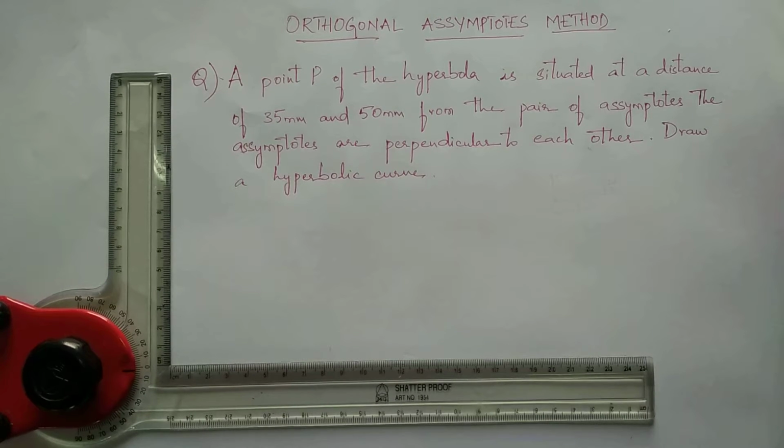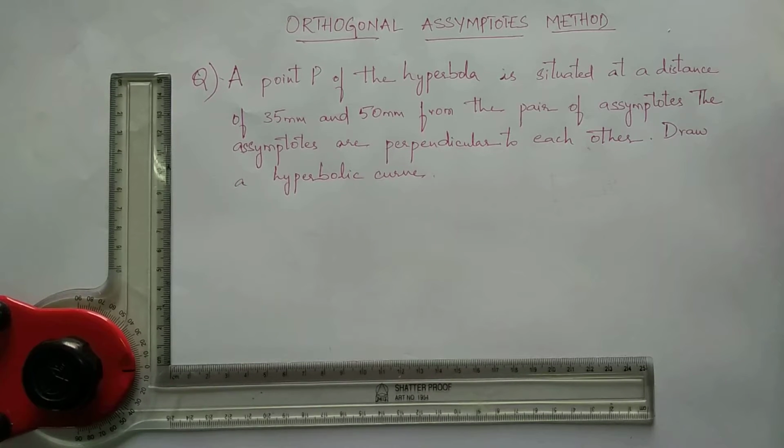At a given distance, a point P of the hyperbolic curve will pass near these asymptotes. It does not touch the asymptotes, but passes nearby.